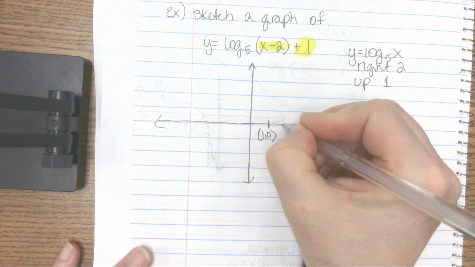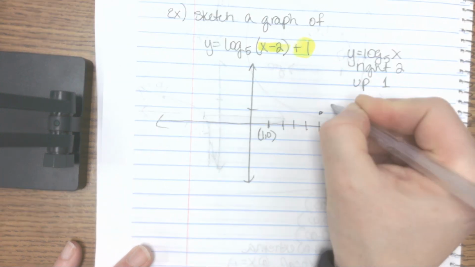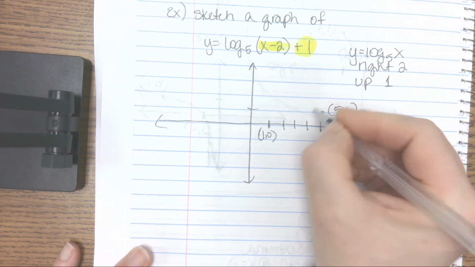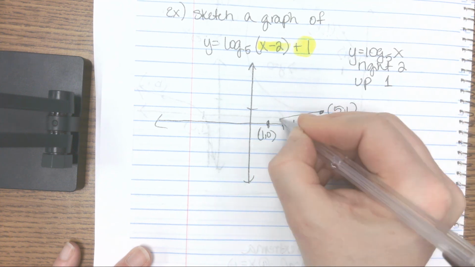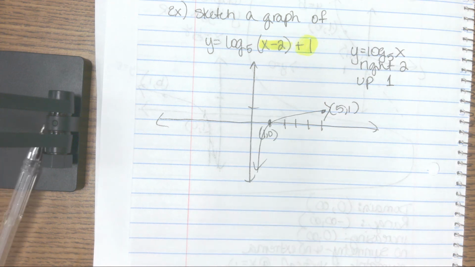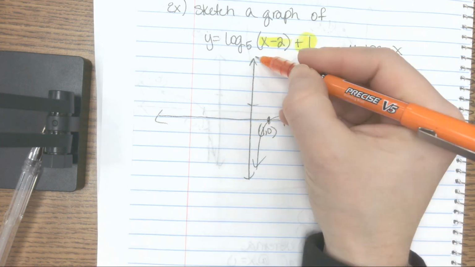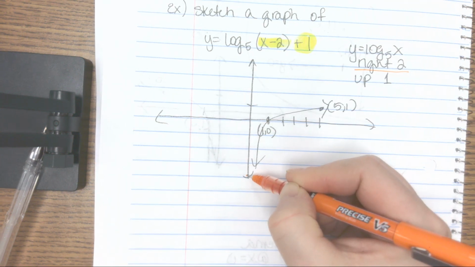So 1, 2, 3, 4, 5, 1. And it has a vertical asymptote of 0. So my new graph. Let's move my new graph right 2. Where would this vertical asymptote go then?